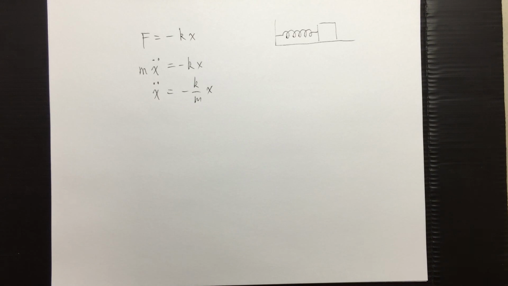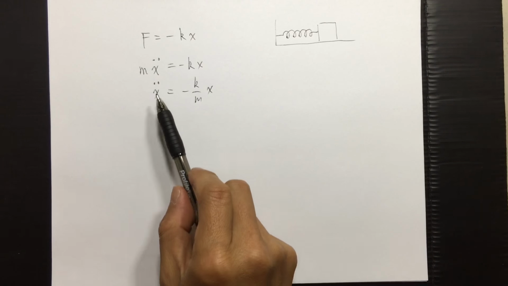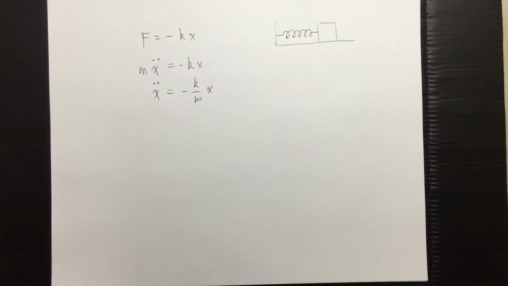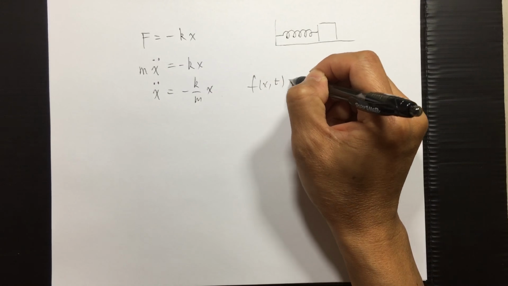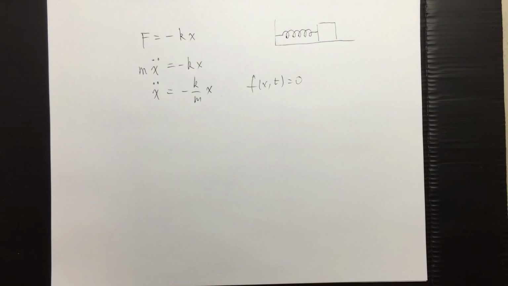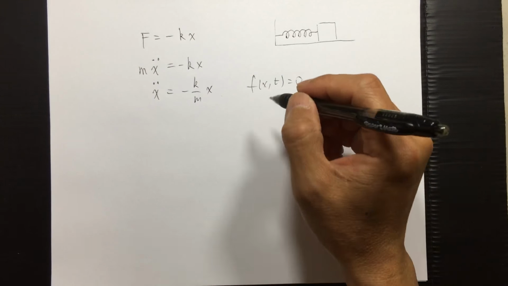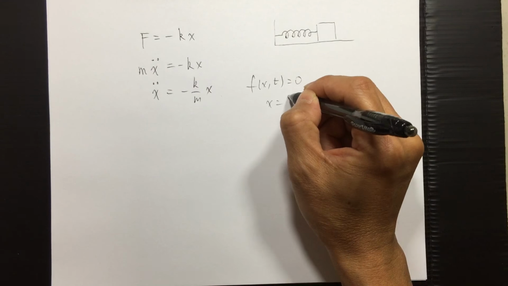Take out the differentials. You don't like these dots. You want to get this into an f of x and t equal to 0 situation first, and then maybe you get it into x equal to f of t.